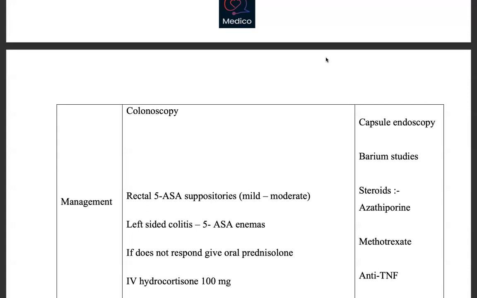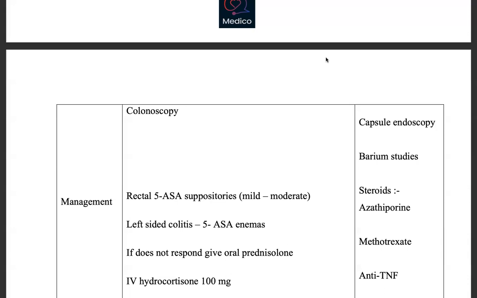Okay, now let's look at how we are going to induce remission first. So for Crohn's disease, to induce remission, to induce mucosal healing, what you can do is start a steroid, either oral or IV glucocorticosteroid, and then you can continue on enteral nutrition.